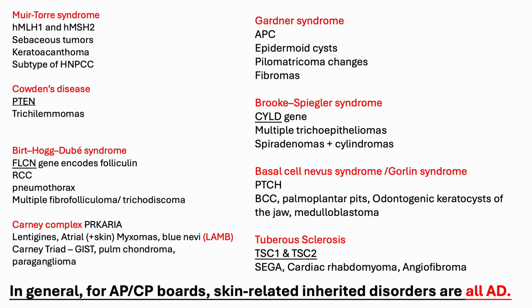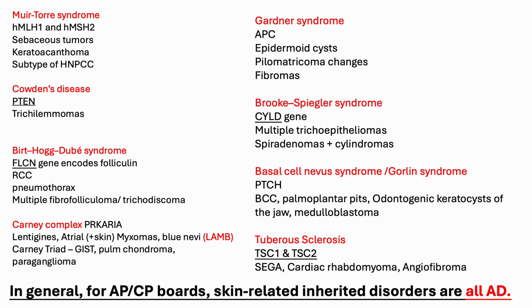So the BHD syndrome is associated with multiple fibrofolliculoma, which is in the same spectrum of the trichodiscoma, or some people believe they are the same thing. So it is associated with the FLCN gene and encodes protein called the folliculin. It is also associated with systemic renal cell carcinoma and can cause some spontaneous pneumothorax.